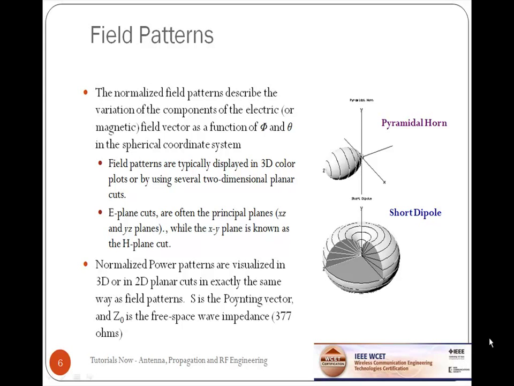Virtually all antennas radiate electromagnetic waves more strongly in some directions than in others. This behavior is measured by using field patterns, which are three-dimensional vector quantities that are functions of theta and phi, the angles used in the standard spherical coordinate system.